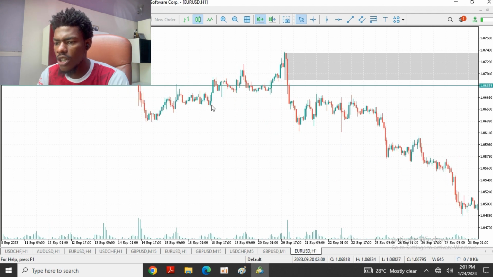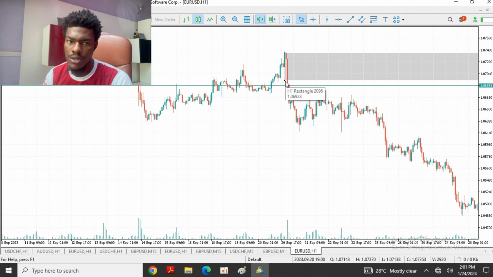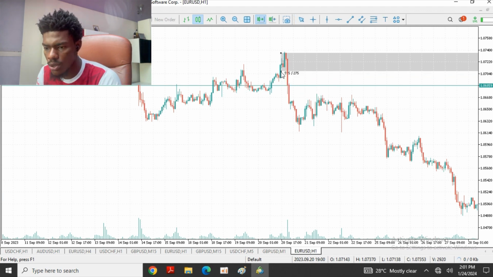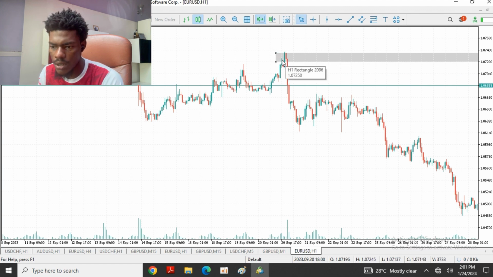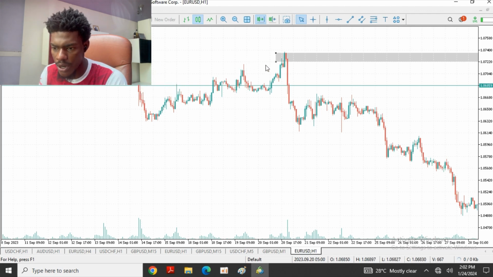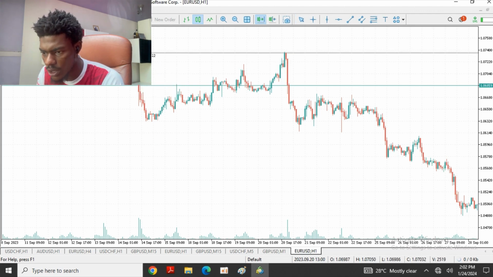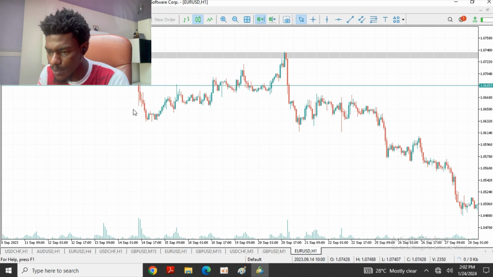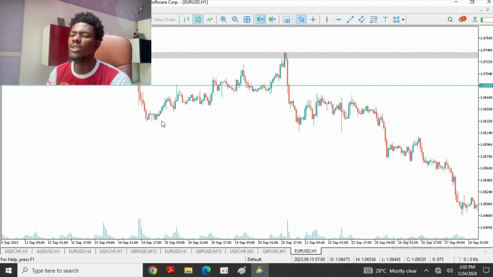So now, remember I said in a bearish trend, it is the last bullish candle before the bearish expansion. So let's use this one here for instance. See, this is an order block here. This is the last bullish candle before this bearish expansion. So put an order block there.